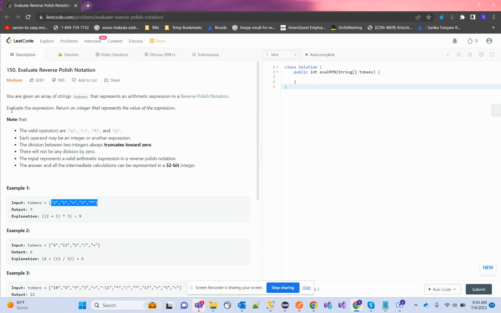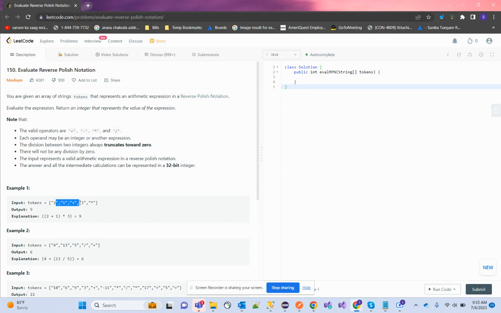What we have to do is evaluate the expression and return the integer that represents it. They have given us tokens which consist of integers and valid operators. We have four valid operators: plus, minus, division and multiplication.